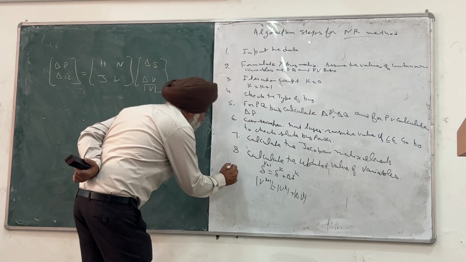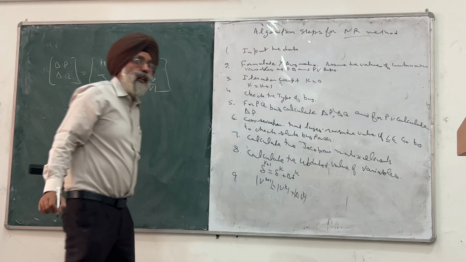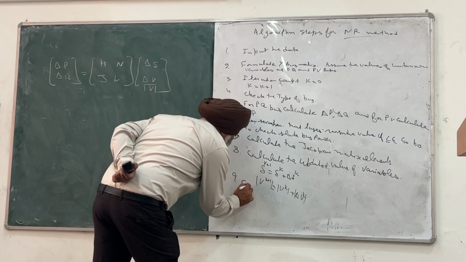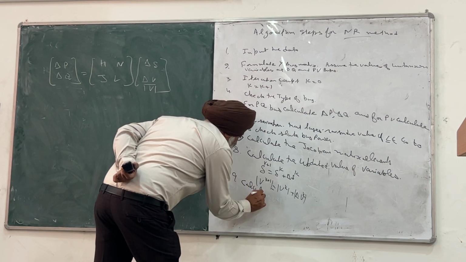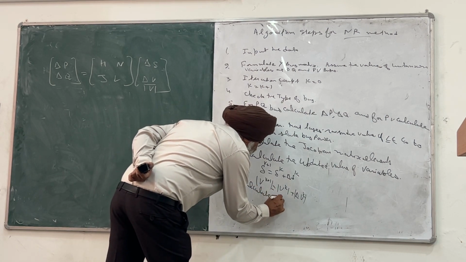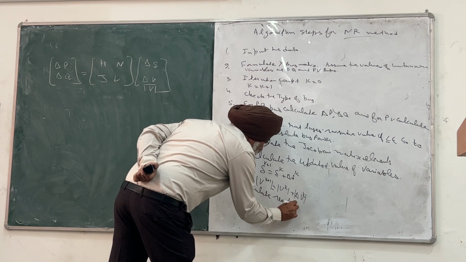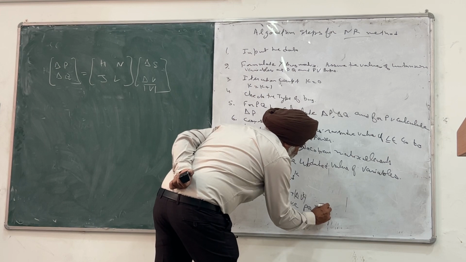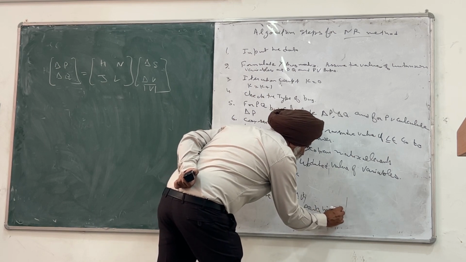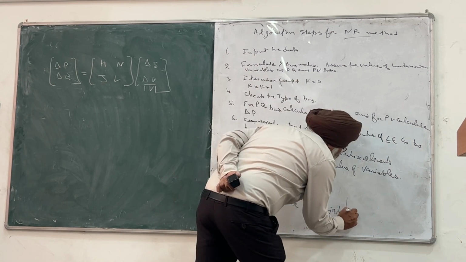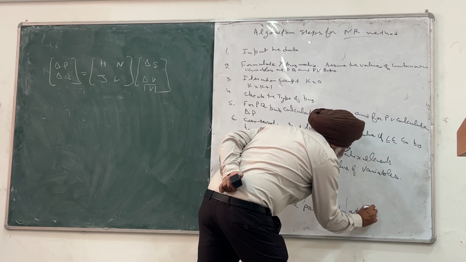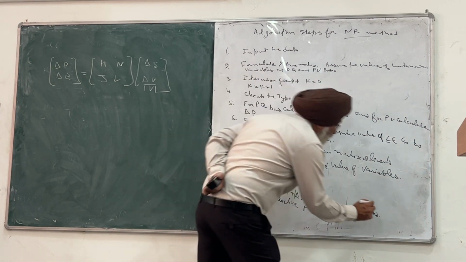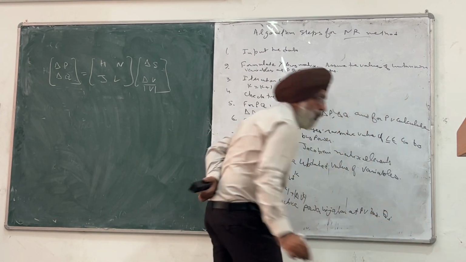Then step number 9: calculate the reactive power injection at the PV bus, meaning Qi. Calculate Qi.